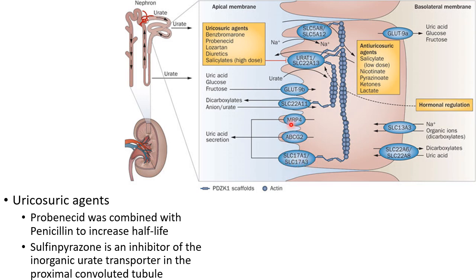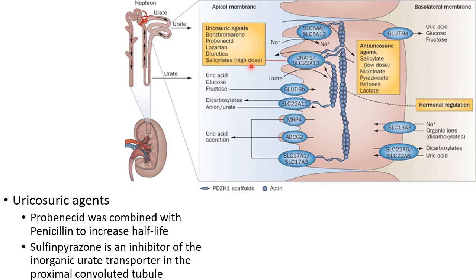For example, you have your GLUT9B, which reabsorbs together uric acid, glucose, and fructose. And this is one of the reasons why if you have a high sugar load through the diet, particularly fructose, it will also lead to an increase in uric acid. Another one of particular interest to us is your uric acid anion transporter, and this facilitates the reabsorption again of urate.